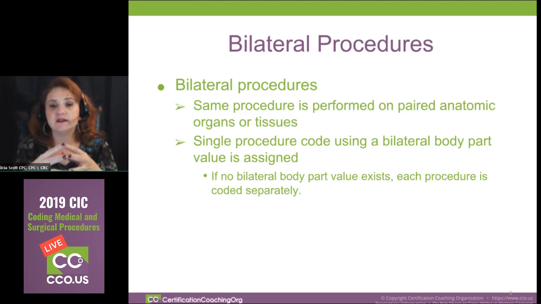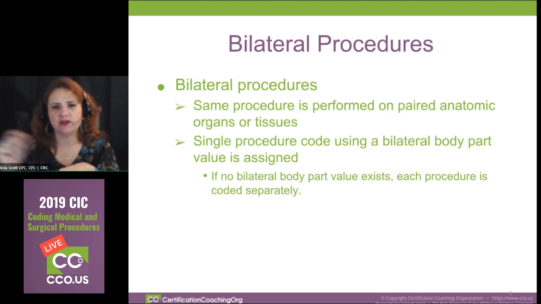Laterality is not built into PCS the same way it's built into CPT, because with CPT, if it's not in the code description, we can just add a modifier. We can't do that with PCS, so it's a little bit different.